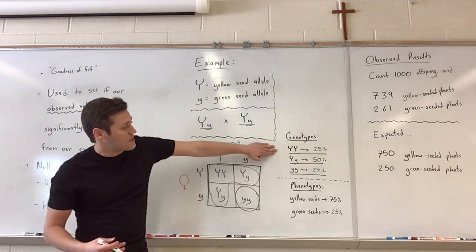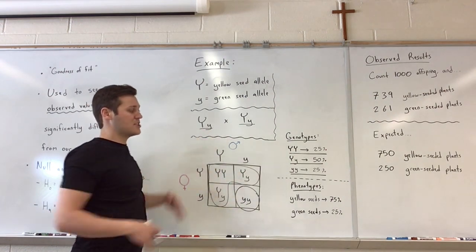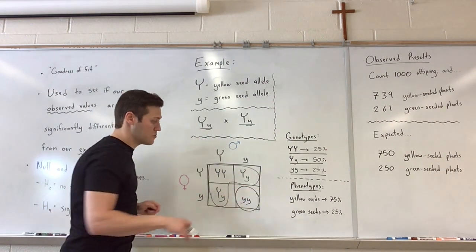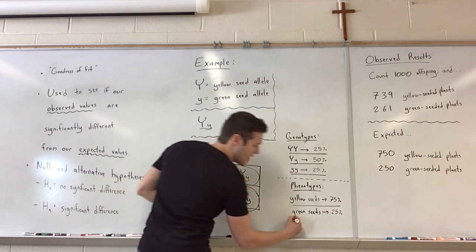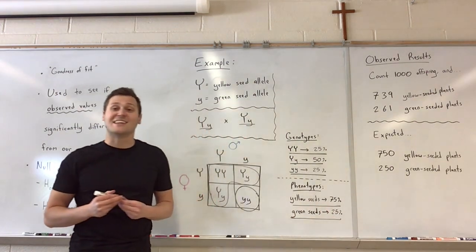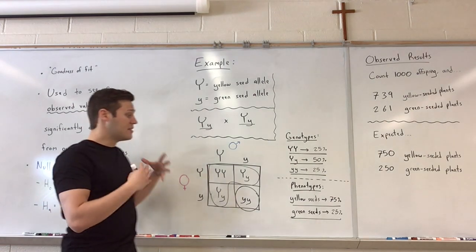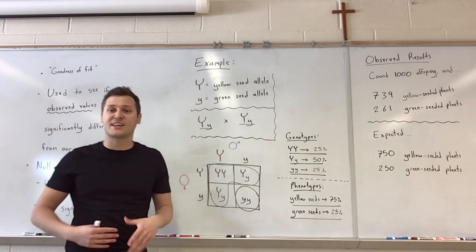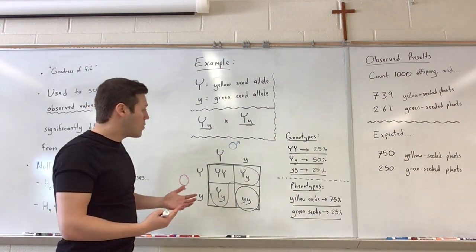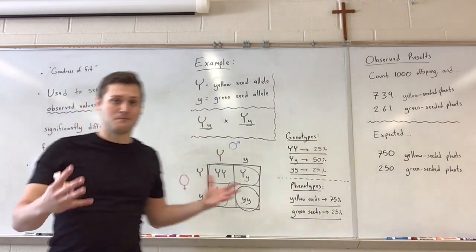So that's genotypically the distribution, but the phenotypic distribution is 75% yellow seeds and 25% green seeds in the offspring. So we use this Punnett square to generate our expected values.